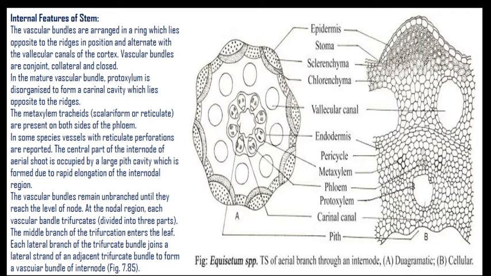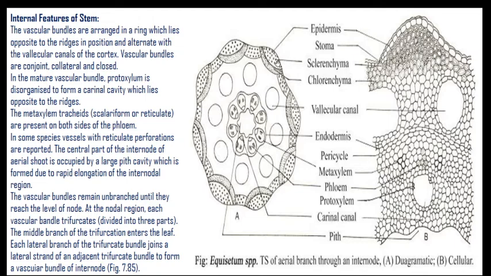This is another type of representation of an Equisetum species, which shows furrows and ridges differentiated into epidermis. These are the sclerenchymatous cells. These are the chlorenchymatous cells.